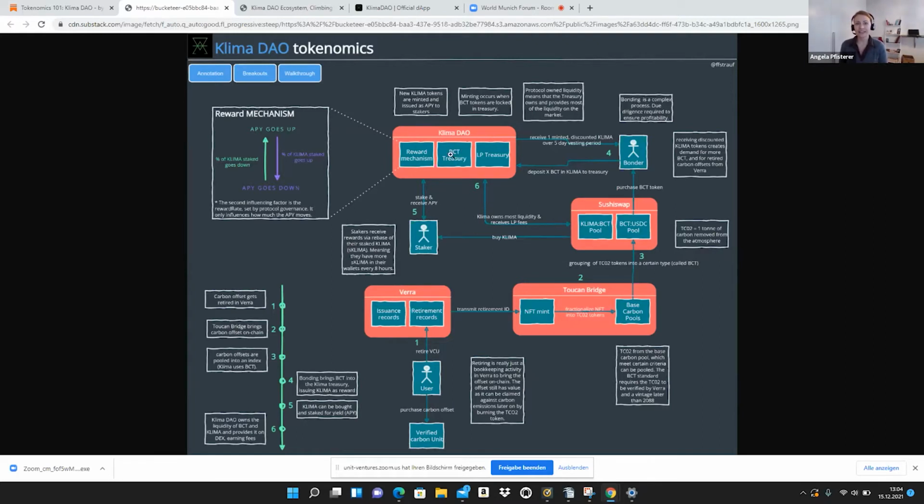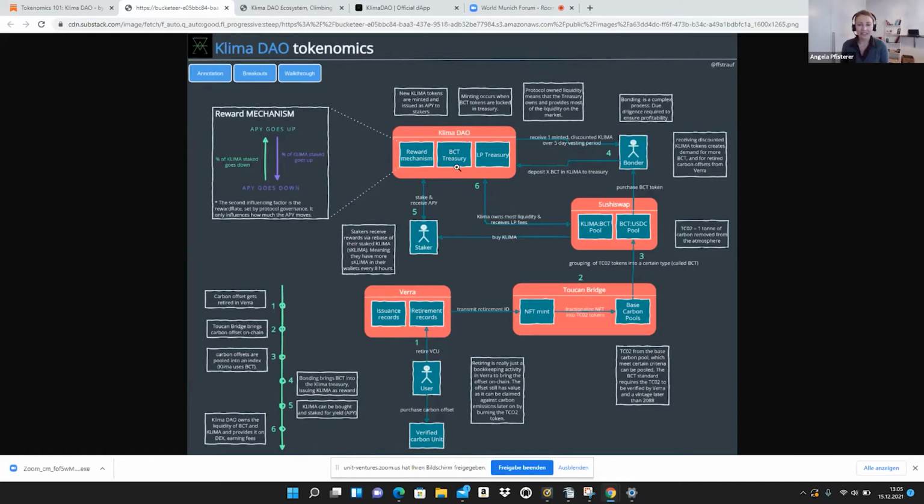So this is a real world asset. It's carbon offsets that are backed and locked in the Treasury. And the protocol rule is that one Klima can only be minted when there's at least one base carbon ton locked up in the Treasury.